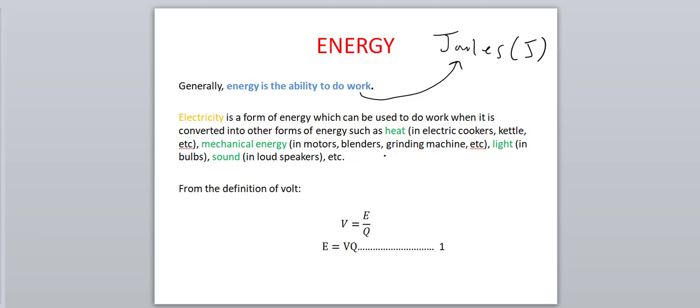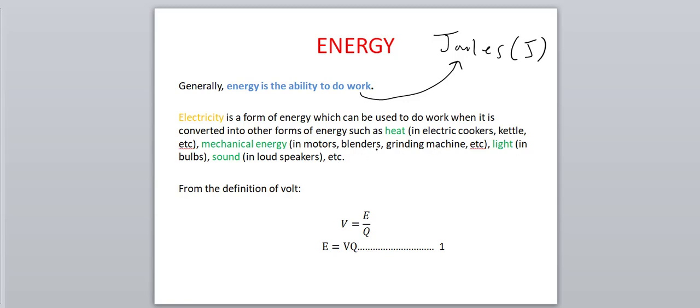Then there are other devices that can convert the same electricity into another form of energy, like mechanical energy. Those devices are called motors generally. So we have things like blenders and grinding machines. They are powered by electricity, but they give mechanical energy or rotation.